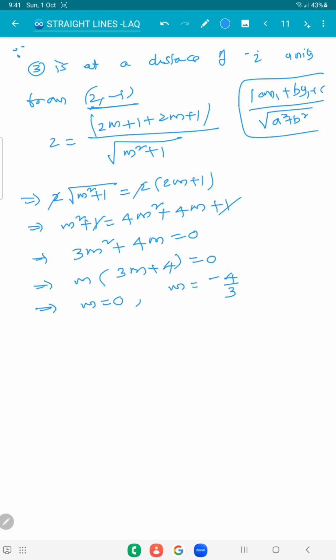So m is obtained, right? The equations are passing through which point? Passing through minus 2 comma 1, right?